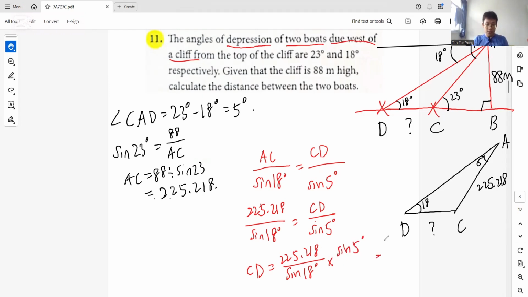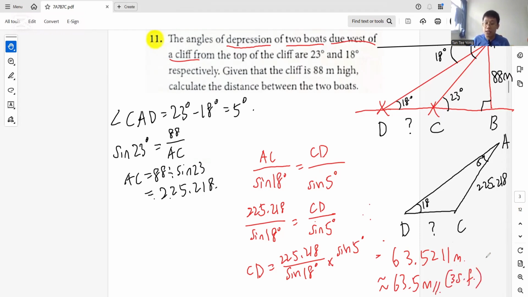If you calculate this, just give me a moment. I don't know why this keeps popping up. Okay, sorry again. So it is 63.5211 meters. If you round this off, it is 63.5 meters, three significant figures.